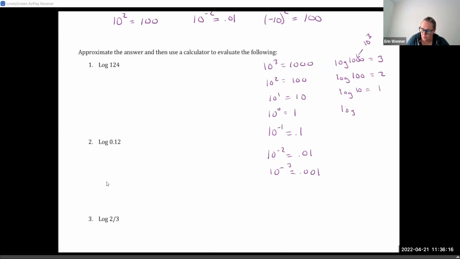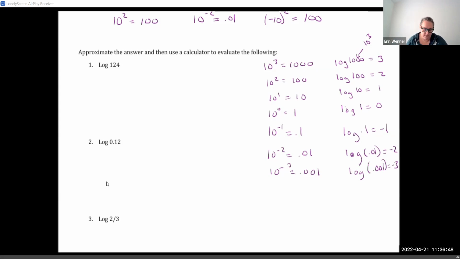Log of 1 is equal to 0 because 10 to the 0 power equals 1. Log of 0.1 equals -1, because 10 to the negative first equals 0.1. Log of 0.01 is equal to -2, and log of 0.001 equals -3.